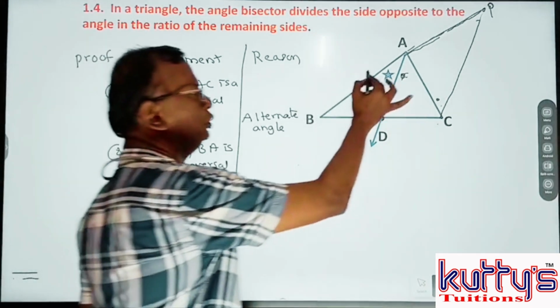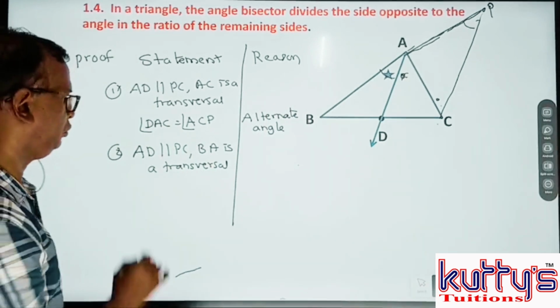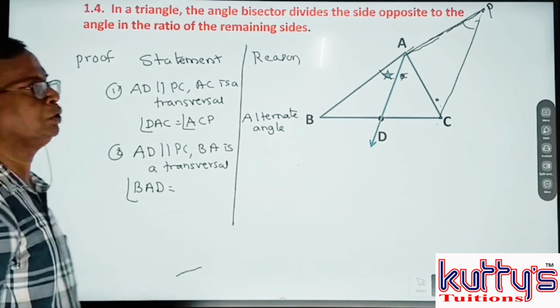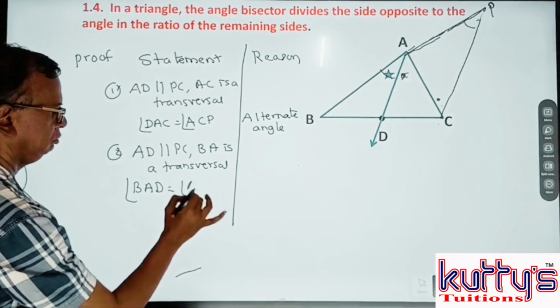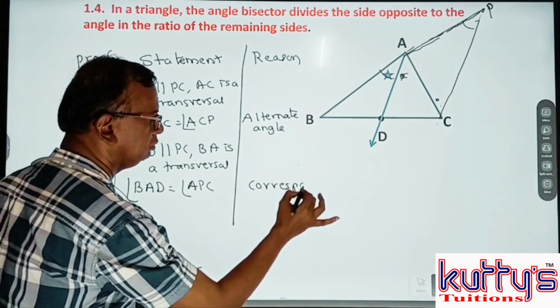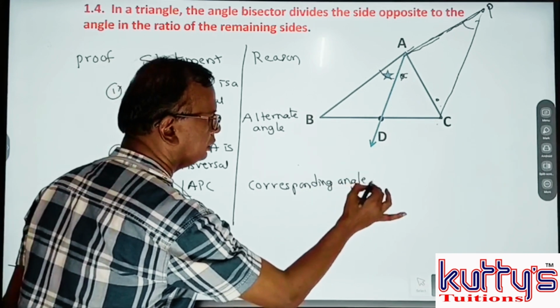So which angles form here? This angle and this angle are corresponding angles. That is, angle BAD is equal to angle APC. Corresponding angles, right?